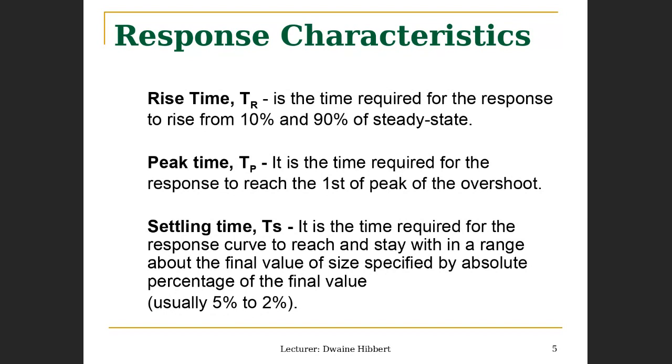In MATLAB, and by now I believe you would be exposed to MATLAB, when we derive step responses, it by default uses the 2% settling time. So that's the time it takes for the system to get within 2% of its final value and stay within that margin. That's the settling time.